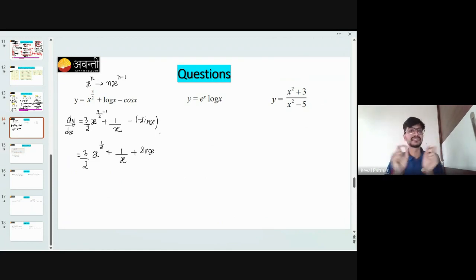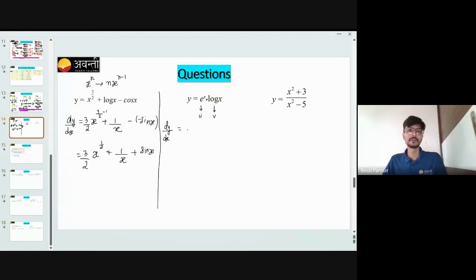The second example is again an example of the product rule. Here e raised to x and log x are getting multiplied. If two functions are getting multiplied, I can take any one as u and the other one as v. So if I try to write dy over dx, what will be dy over dx?